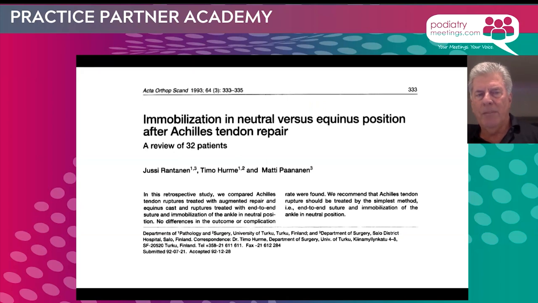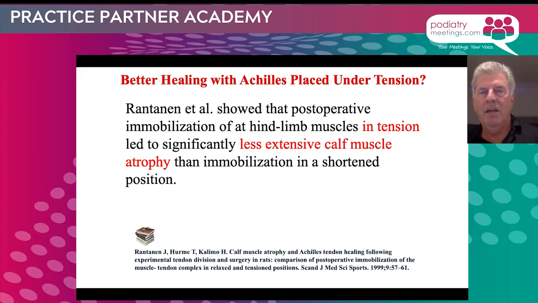This was a good prospective study comparing patients who were placed not in equinus versus those in equinus after surgical repair of the ruptured Achilles tendon. And indeed, the patients who were put in a neutral position and allowed to bear weight after repair had less muscle atrophy than those who were immobilized in an equinus position.